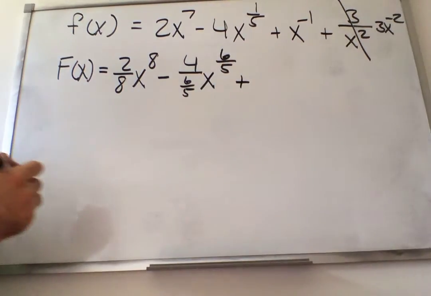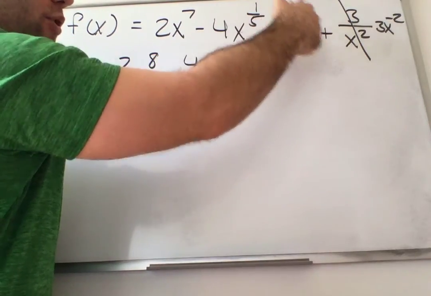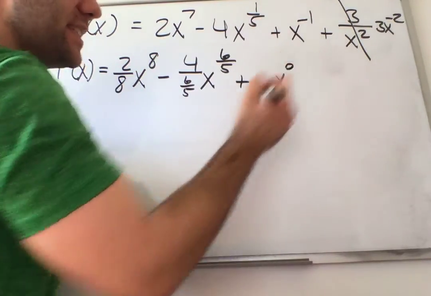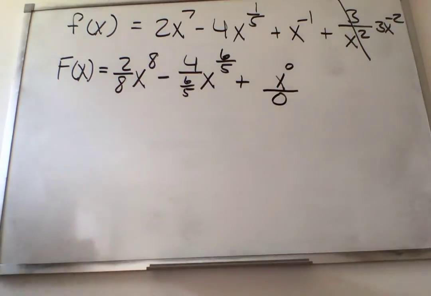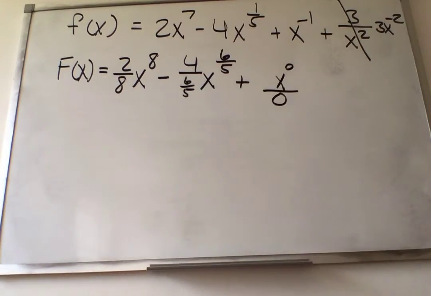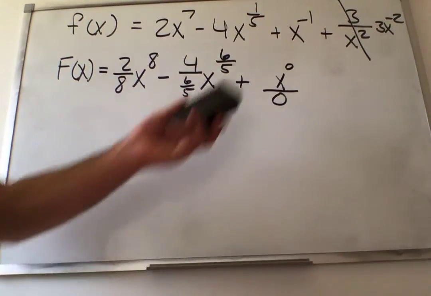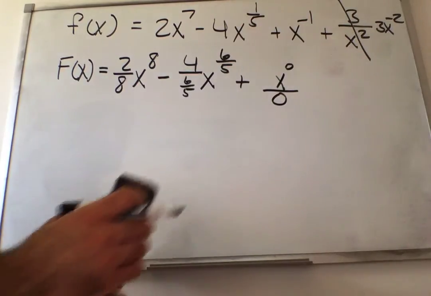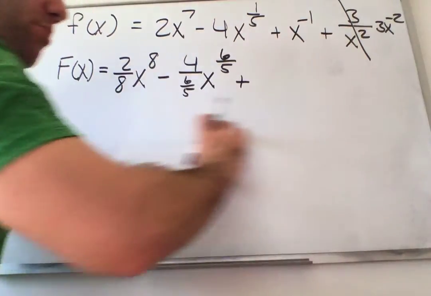Plus, now don't go up one power. If you go up one power, you're going to get x to the 0. Divide by that power, divided by 0. That should tell you that you have a problem there. You were not supposed to anti-differentiate x to the negative first power because of that bullet point right there.